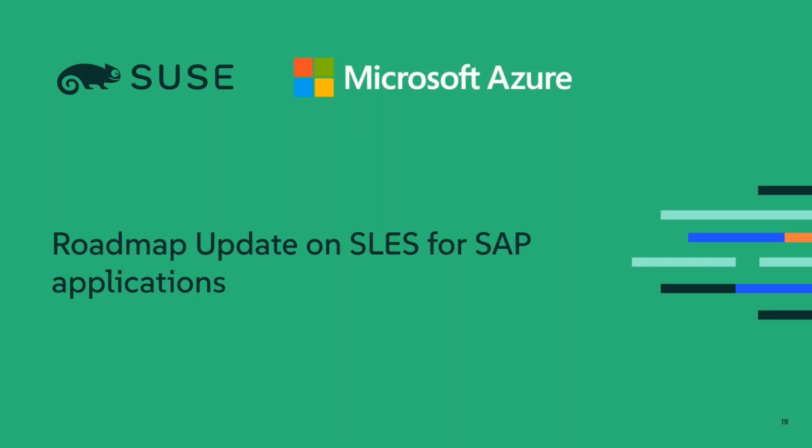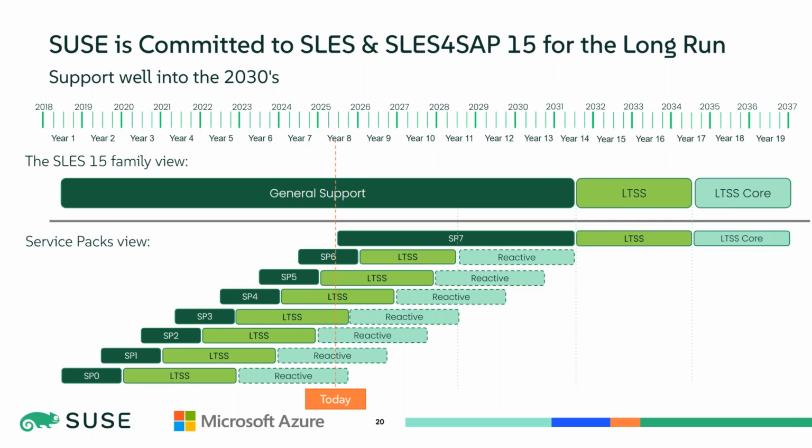I'd like to use the remaining time to provide a little update on SLES for SAP applications. First of all, we have extended the life cycle of SLES for SAP 15, which is where the majority of SAP customers are running. We are now in year 8 of the life cycle, and it's been extended into the 2030s.